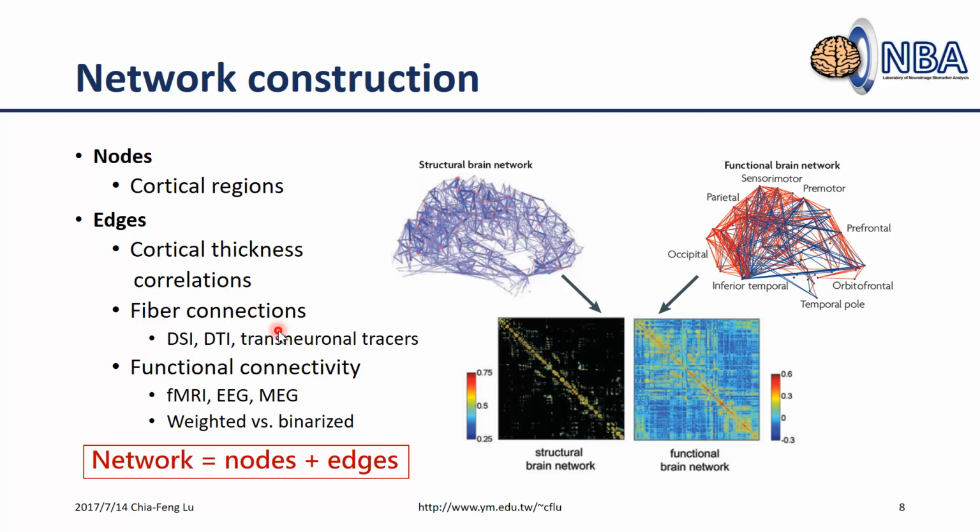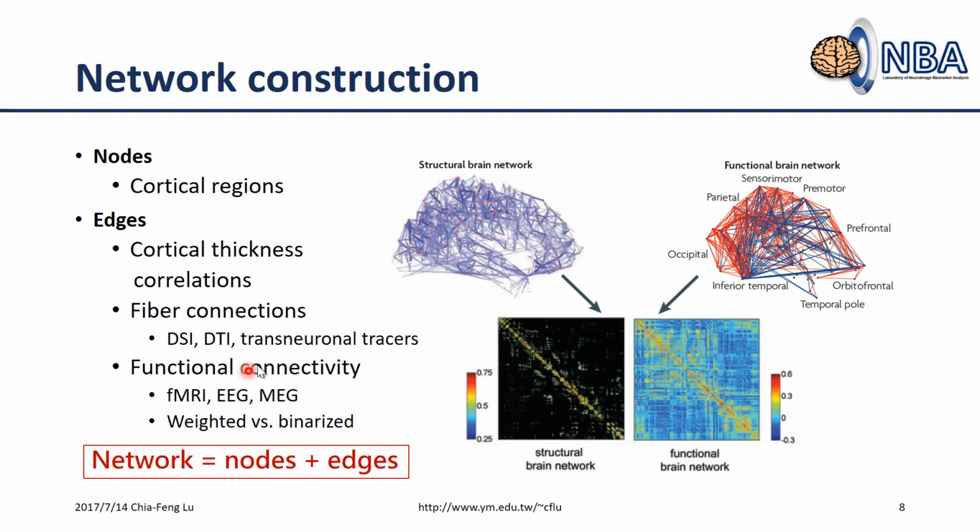However, in this course, we mainly focus on functional connectivity. You can definitely use the fMRI that we introduced several weeks before, and you can also apply other approaches, such as EEG and the magnetic measurement MEG. Anyway, you try to find out the statistical correlation or statistical dependency between the signals extracted from two different brain regions.